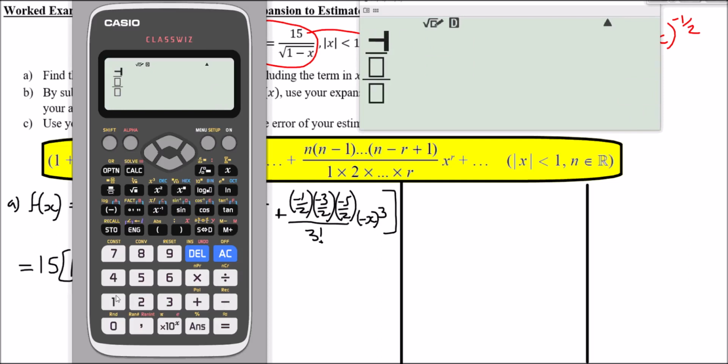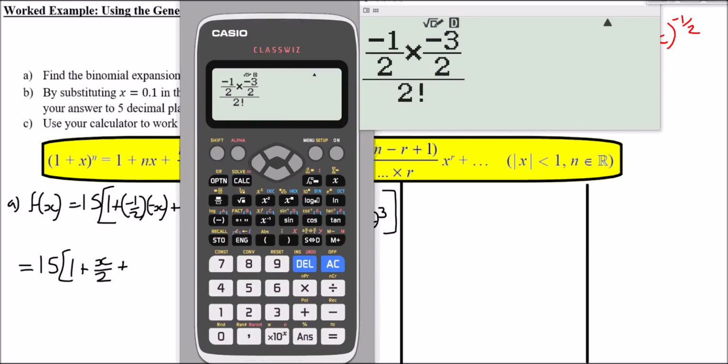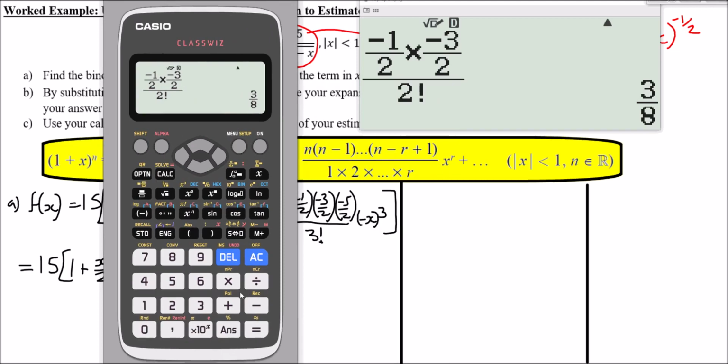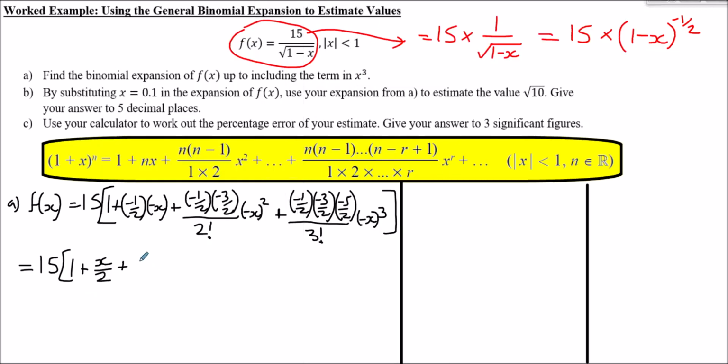Minus a half times minus 3 over 2, all over 2 factorial, and then again, just times minus x squared. So that becomes 3/8, so that's 3x squared over 8.